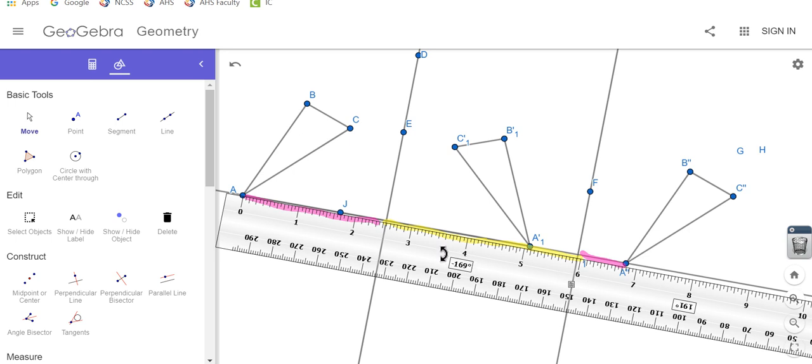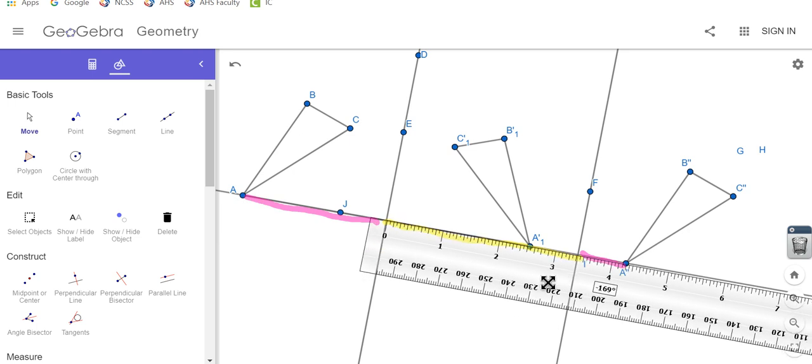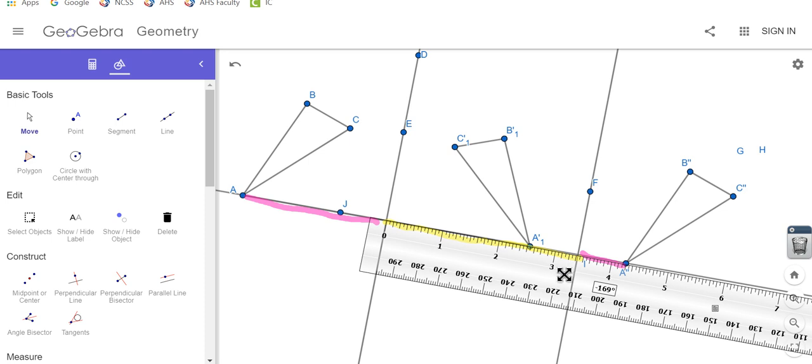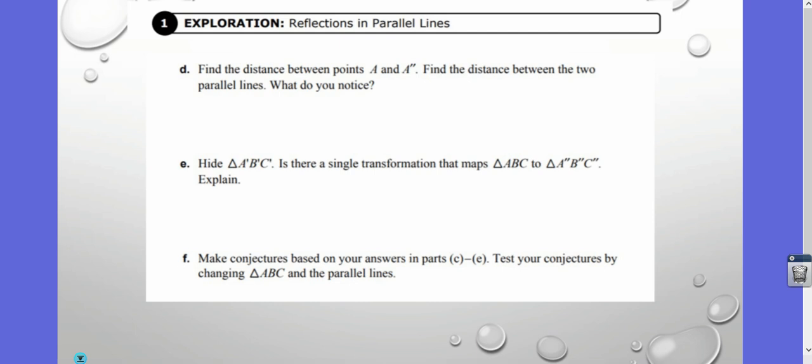Okay, and then it tells me to measure the middle. So if I slide my little ruler down and I measure from the parallel lines, it looks like we got something here. It looks about 3.5. Okay, so from the middle is 3.5. So let me write this down. Between the two lines, it looks to be about 3.5.